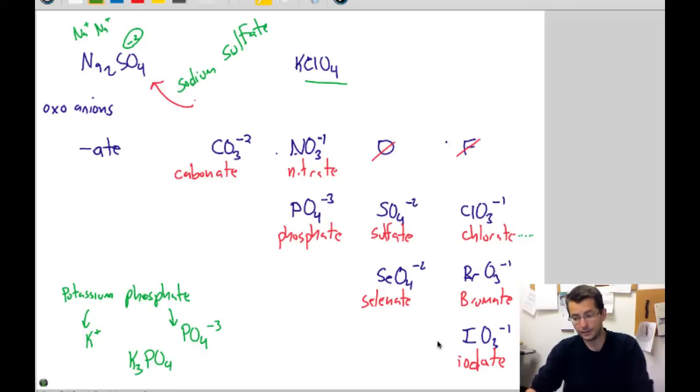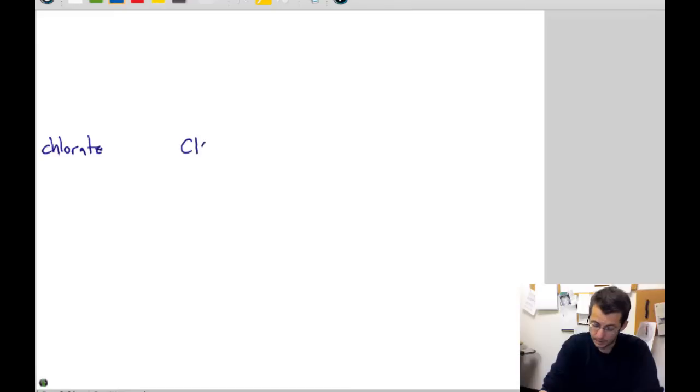We name these other oxoanions. Well, it turns out that all of the oxoanion families are very similar. So let's take a look at the chlorate, ClO3 minus, and use that as our starting point.